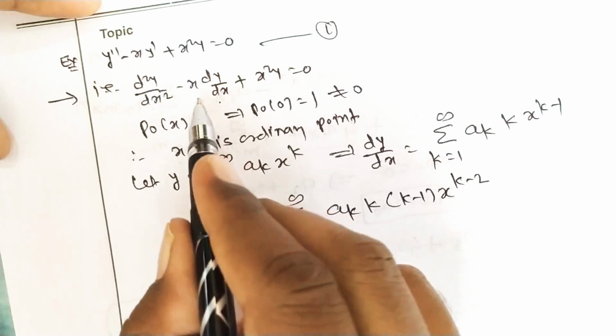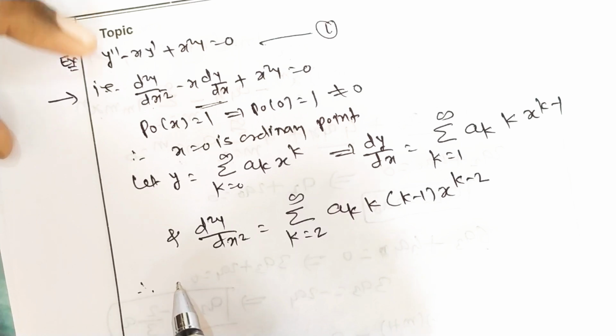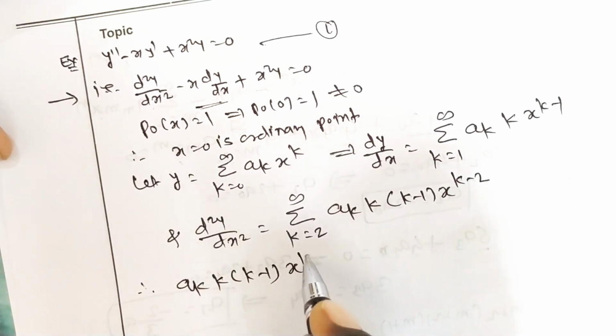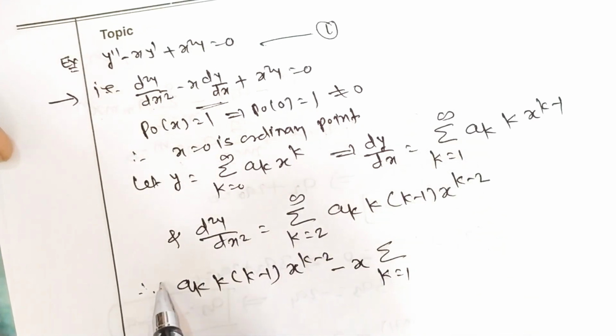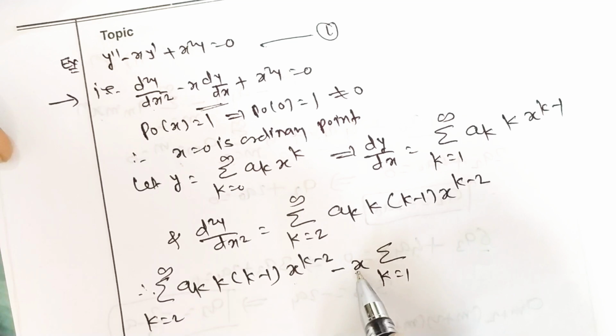Now put these values in the given differential equation. Therefore the given differential equation becomes: first, d²y/dx² is summation of k varies from 2 to infinity ak k (k−1) x^(k−2), minus x into dy/dx.